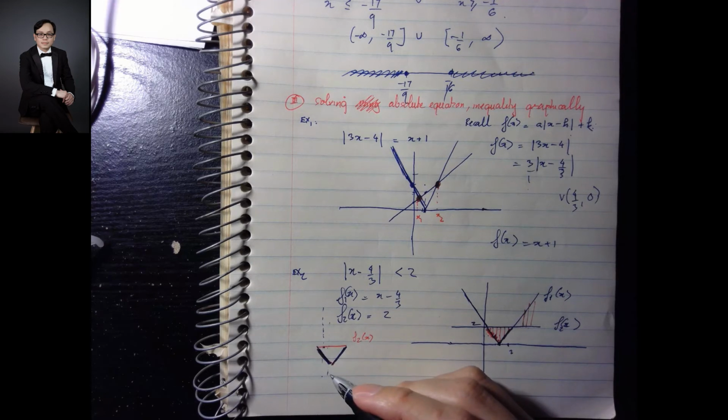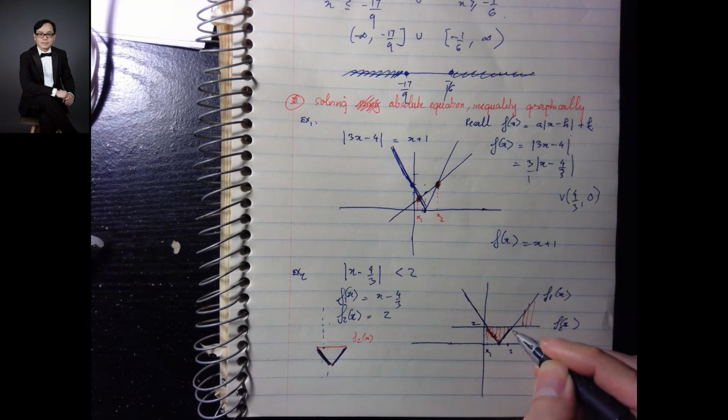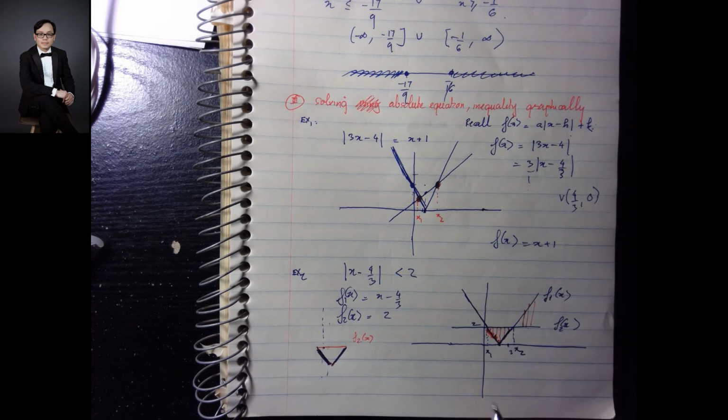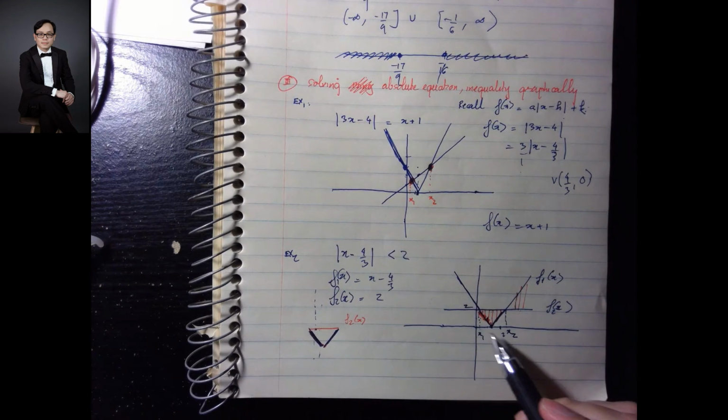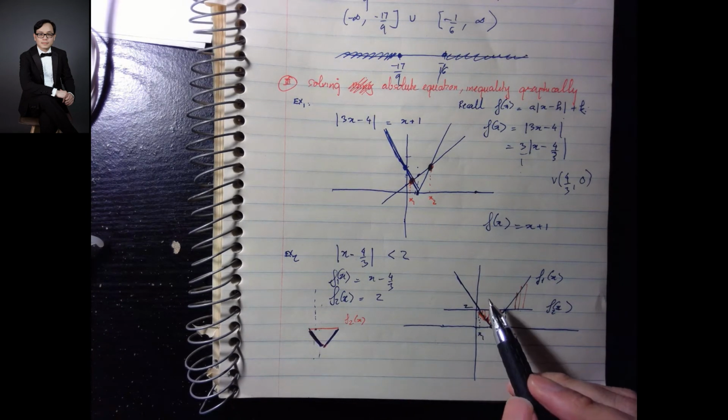So all the values between here and here will make f1 below f2.